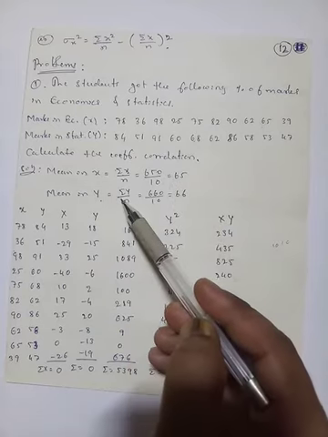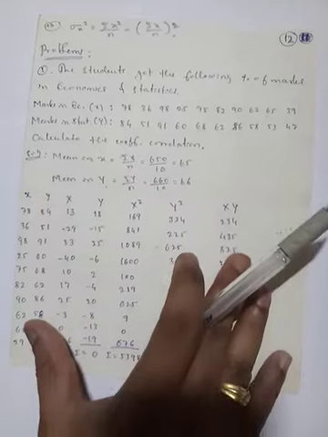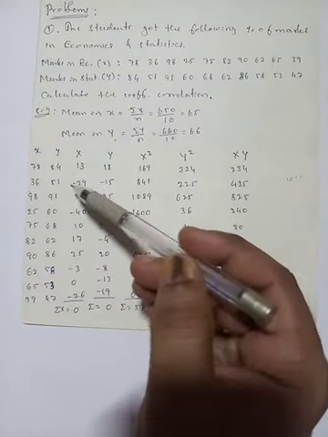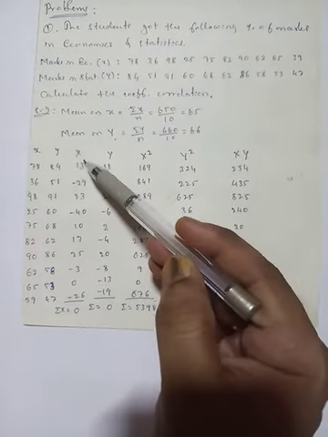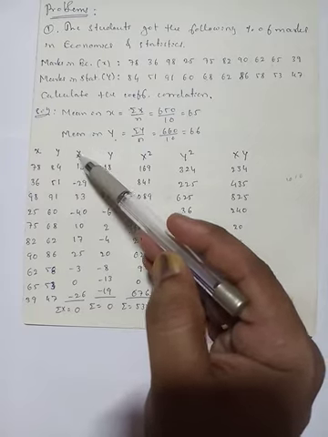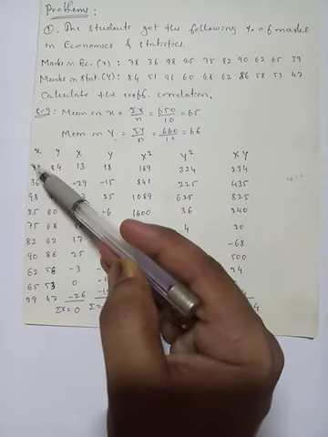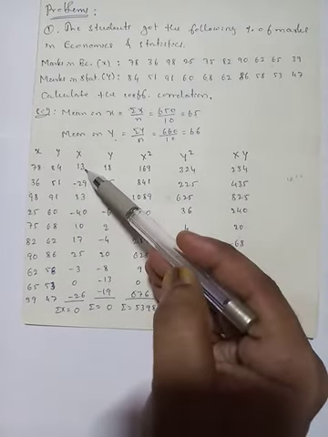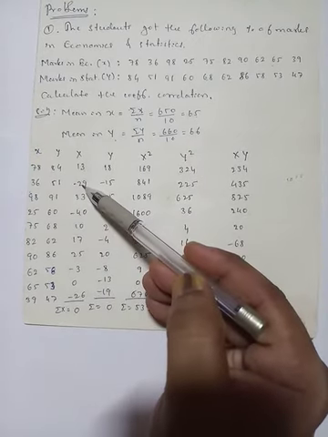Then similarly the mean of y is 66. Now, taking the given small values of x and y, we form capital X. Capital X is small x minus x bar. 78 minus 65 is 13, then 36 minus 65 is minus 29.